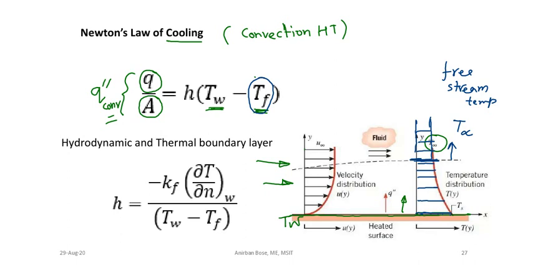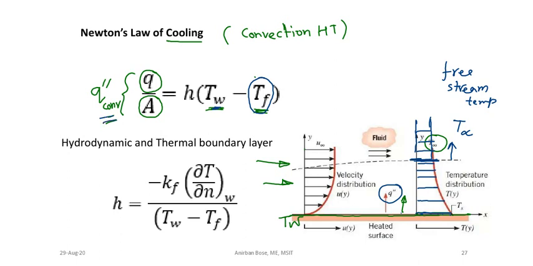T wall is quite clear, the temperature of the hot wall, and definitely the heat transfer will be perpendicular to the plate, and that heat flux is Q double prime.